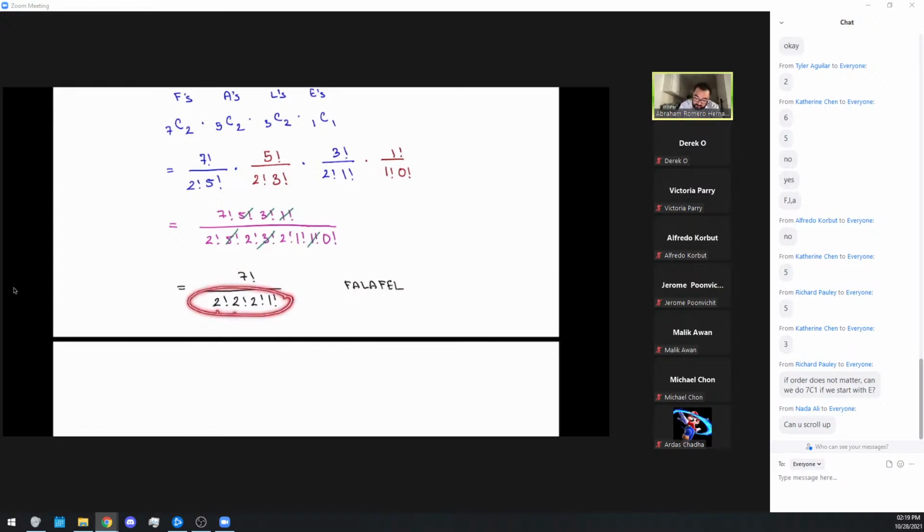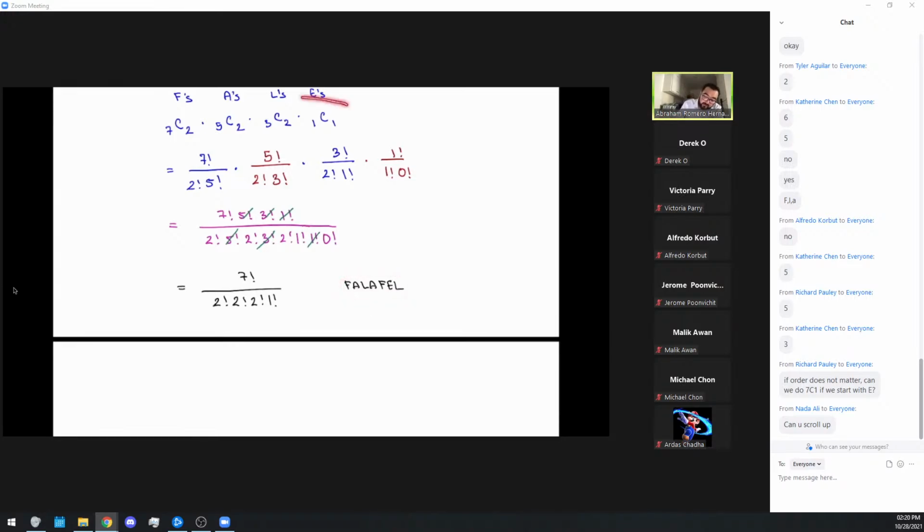The denominators, 2, 2, 2, and 1, represent the number of repetitions of each of the letters. F repeated twice, A repeated twice, L repeated twice, and E repeated once.